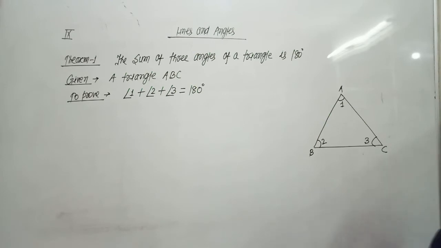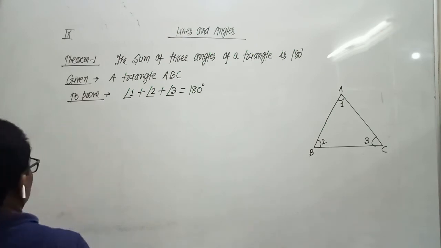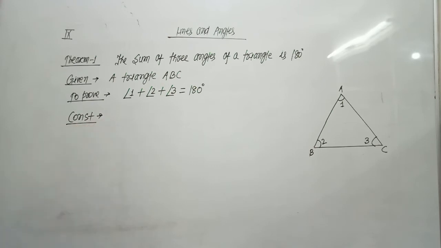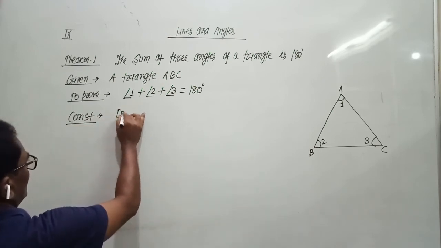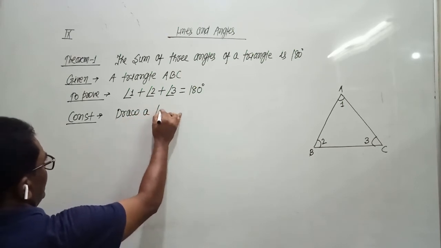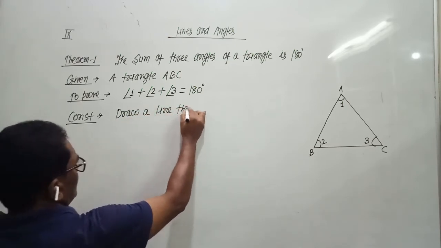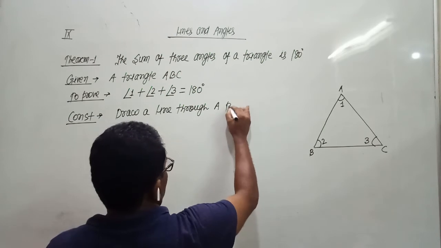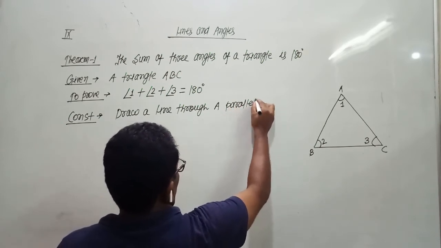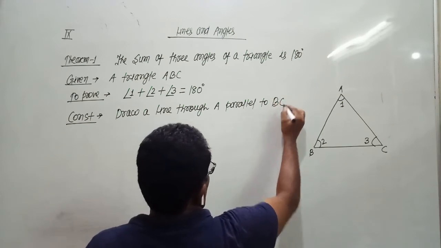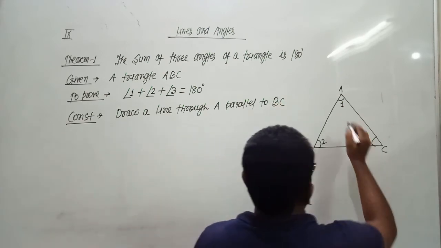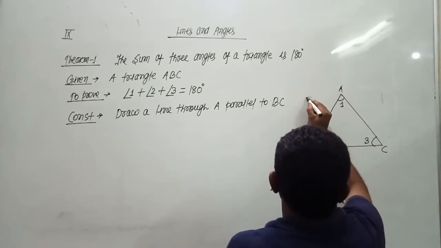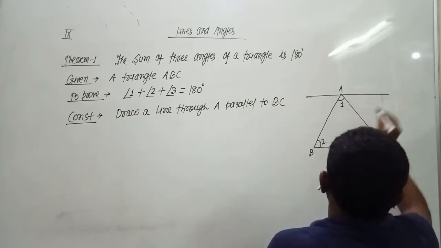So here we made a construction, and the construction is: through A, draw a line parallel to BC.